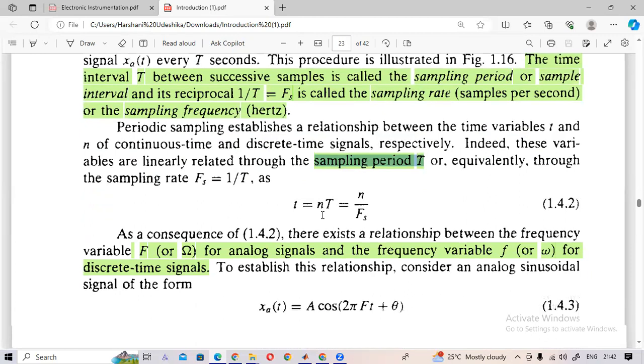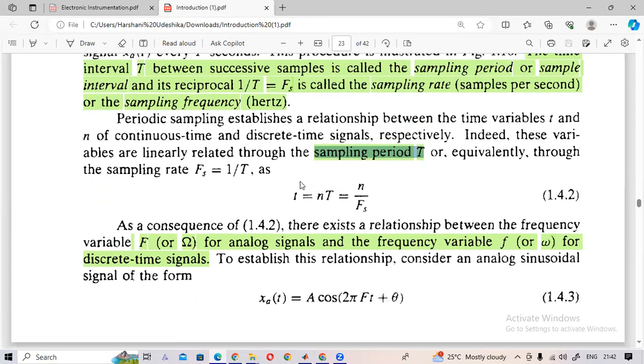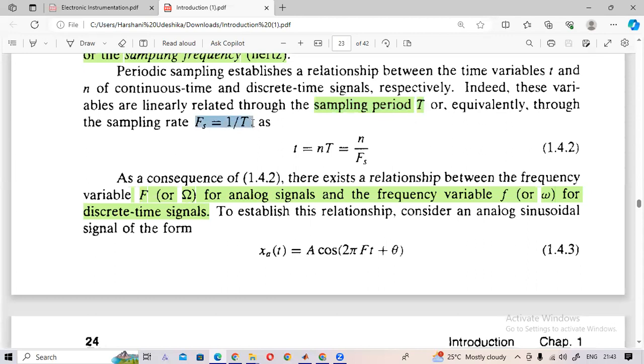We have already discussed those things. And the sampling rate is the number of samples per second. Sampling period is the time taken to get one sample, and sampling rate is the number of samples per second. If the sampling period or sampling time is T, the sampling frequency is given by 1 over T. Okay, so that we have also learned.